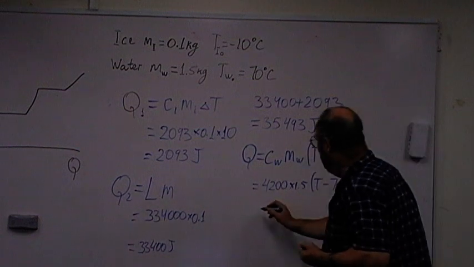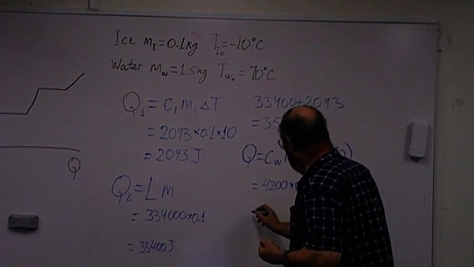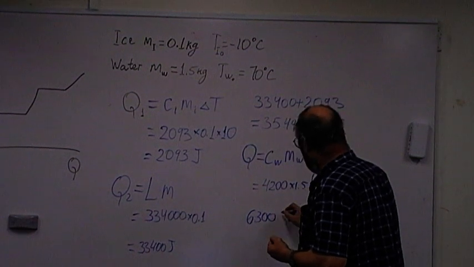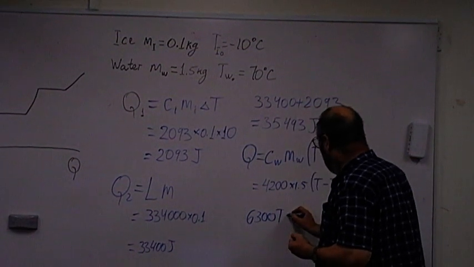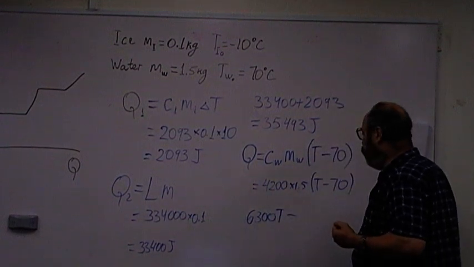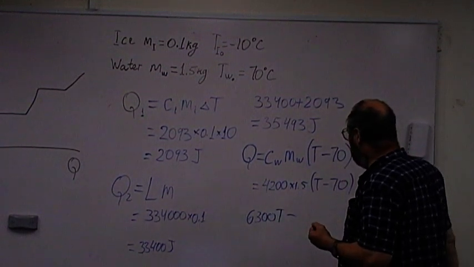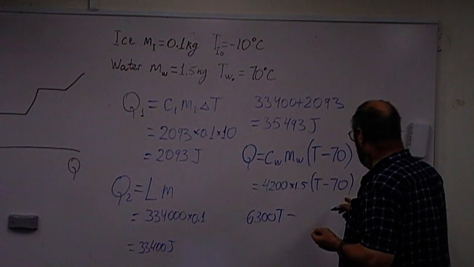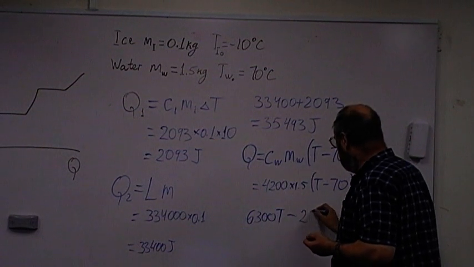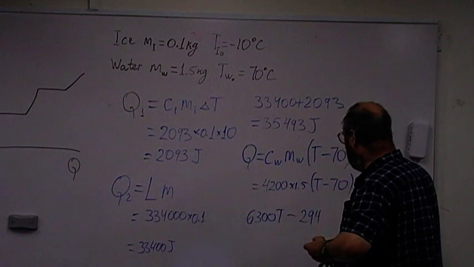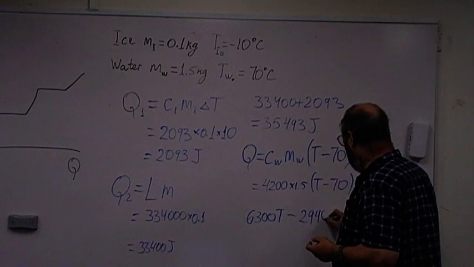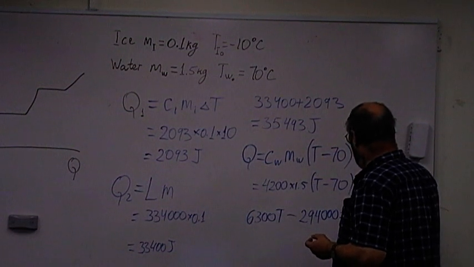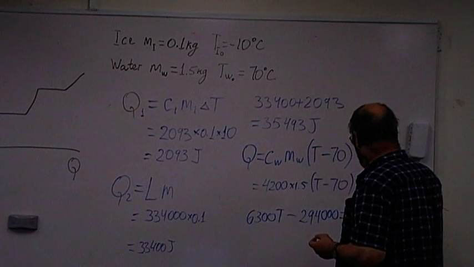So we have 6,300 T minus 4,200 times 70, 28. Can you check with the calculator? 294 equal 35,493.